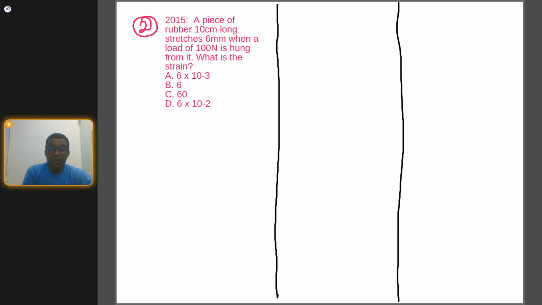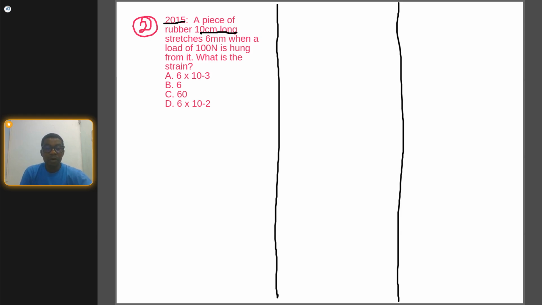UTME 2015. A piece of rubber 10 centimeter long stretches 6 millimeter when a load of 100 Newton is hung from it.